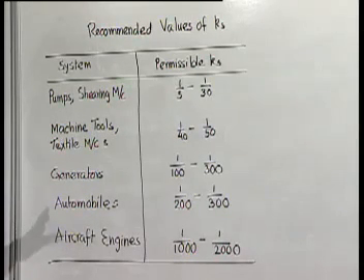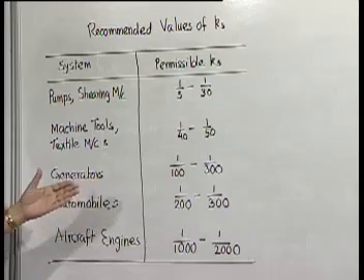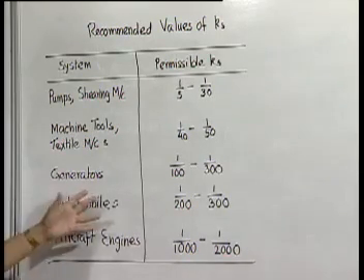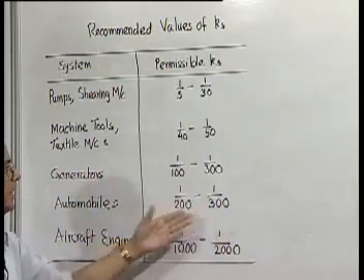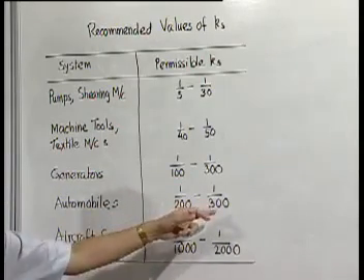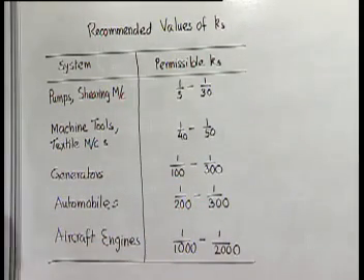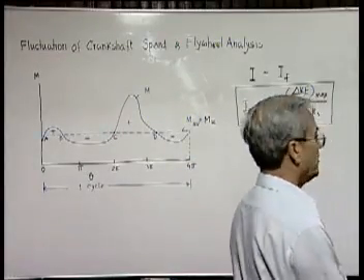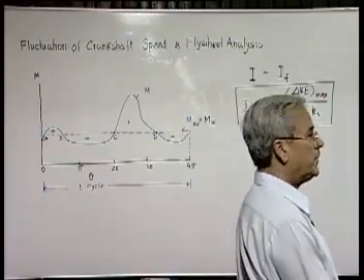In case of an electric generator or generating set, the recommended variation of speed has to be 0.01 to 1/3 of that, and for automobiles or auto engines, the recommended value of Ks is this, and aircraft engines of course will have to be far more accurate, and there the speed fluctuation which is permitted is the minimum.